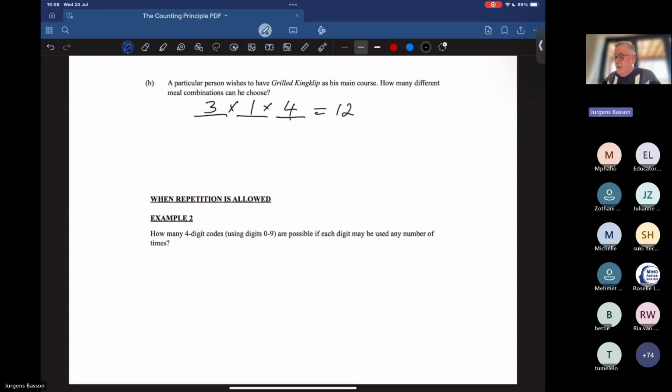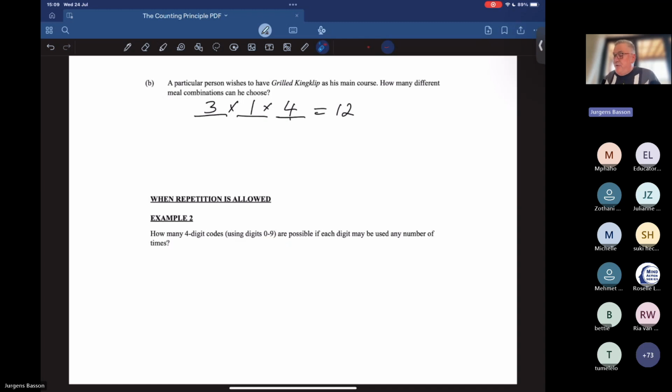Now the question I took is a pretty straightforward one. I say how many 4-digit codes, using digits 0 to 9, are possible if each digit may be used any number of times, so they can repeat.